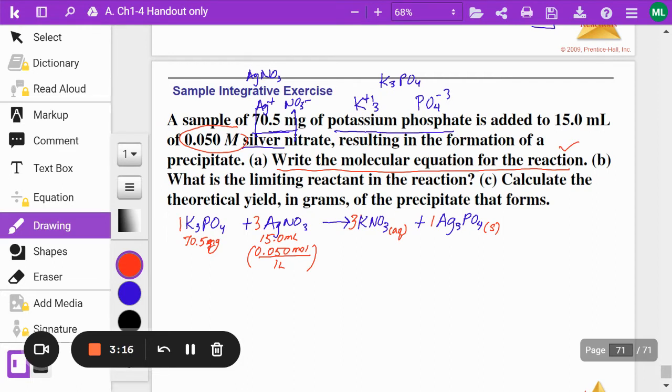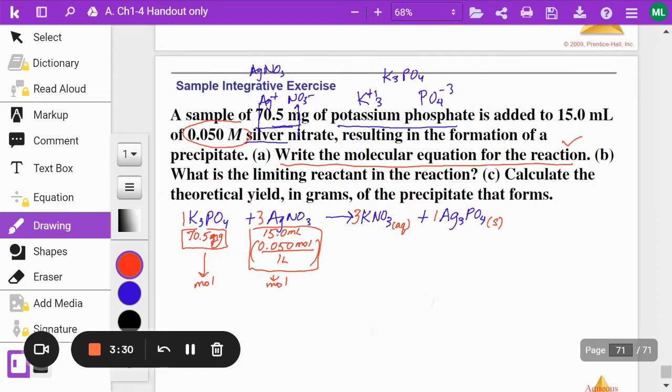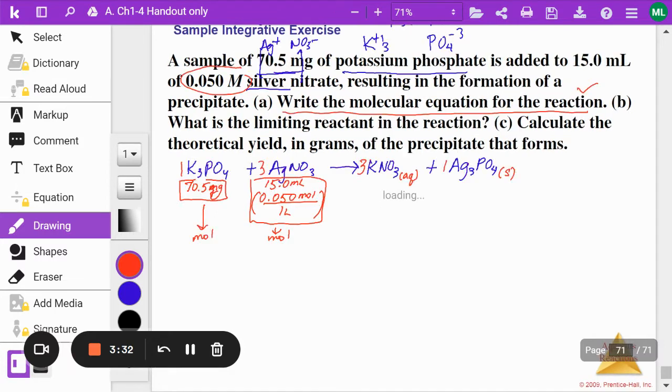Now, notice that I have 2 reactants here. I can get the moles of this, and I can also get the moles of this. When you have the moles of 2 reactants, you have to know which one you're going to run out of. So you have to put it into a rice box. They want to know the theoretical yield.